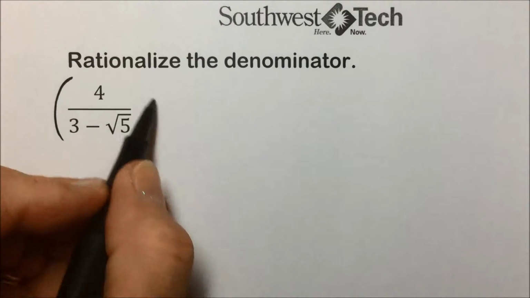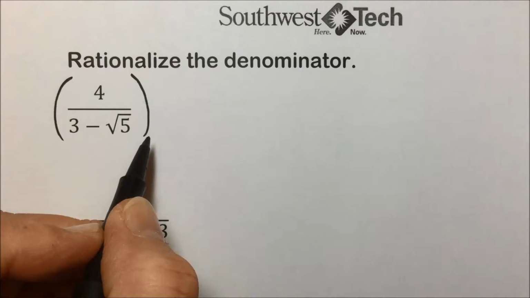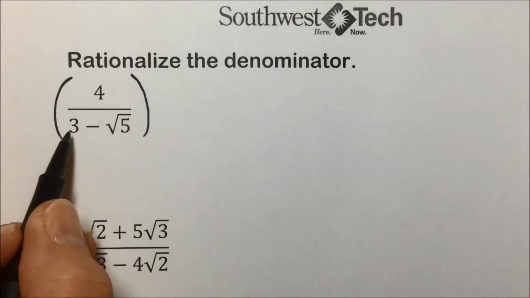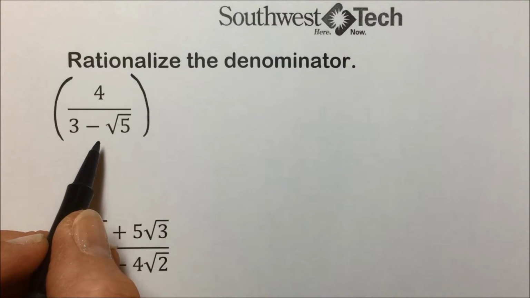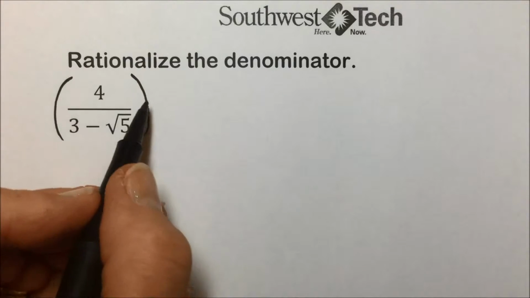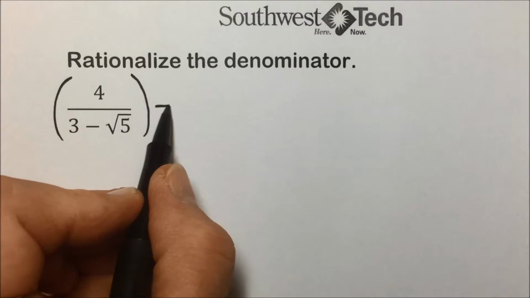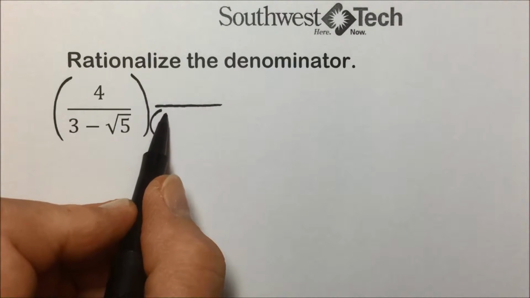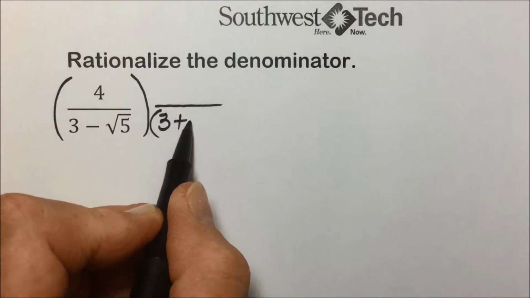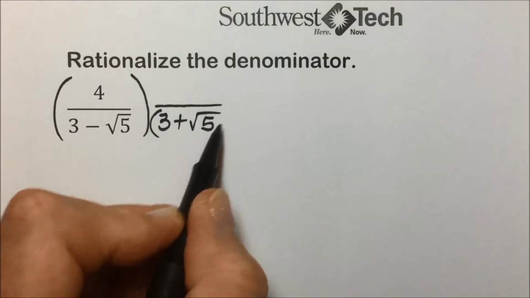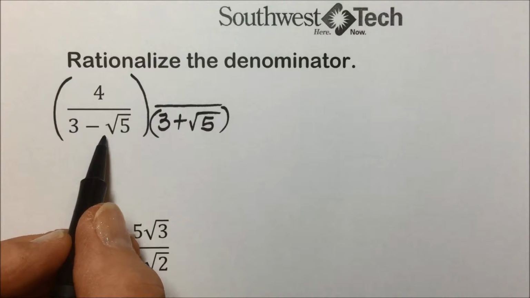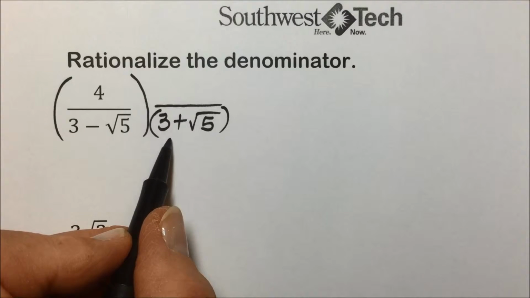And it turns out that if you multiply conjugates together with radicals in them, they eliminate the radical. So we're going to multiply the denominator by the conjugate of the denominator in hopes of rationalizing the denominator, to get rid of the radical, in other words.